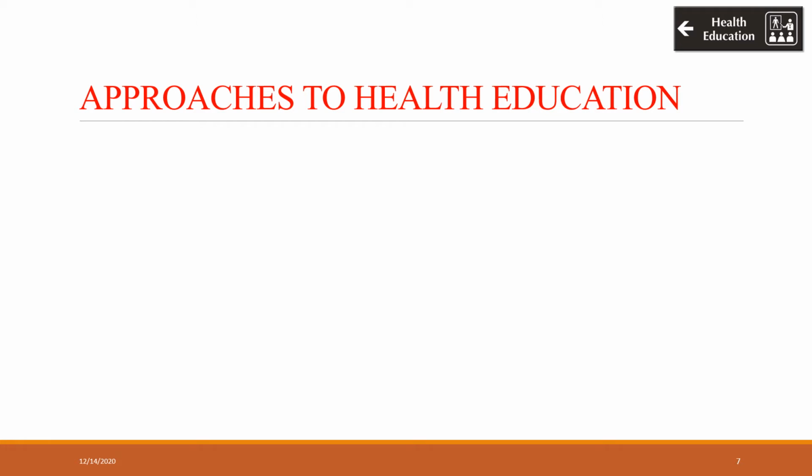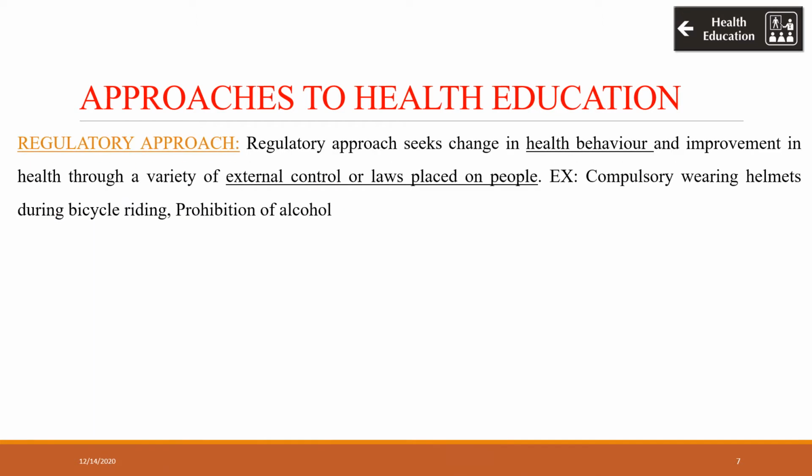Approaches to health education. First is regulatory approach. In the example, I have stated compulsory wearing of helmets during bicycle riding and prohibition of alcohol. Why has the government made wearing helmets compulsory?